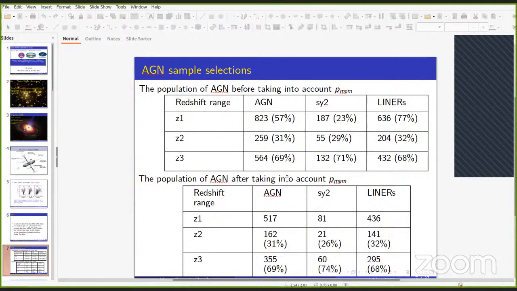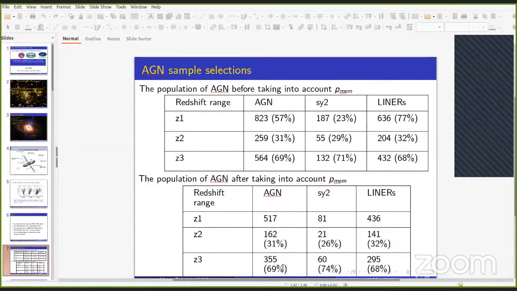I also wanted to check the AGN population after taking into account the probability of being a member of the galaxy clusters. I found that at all redshifts the AGN count was 517, and there are counts for low redshift and for high redshift ranges.